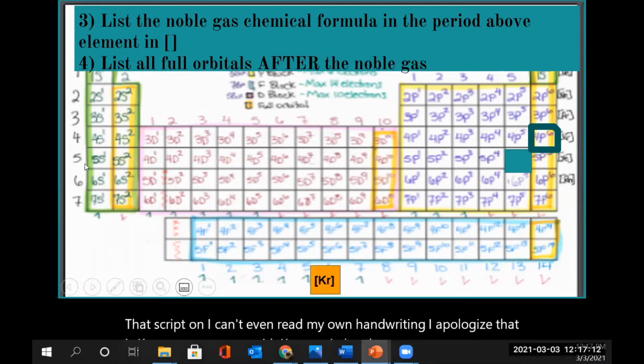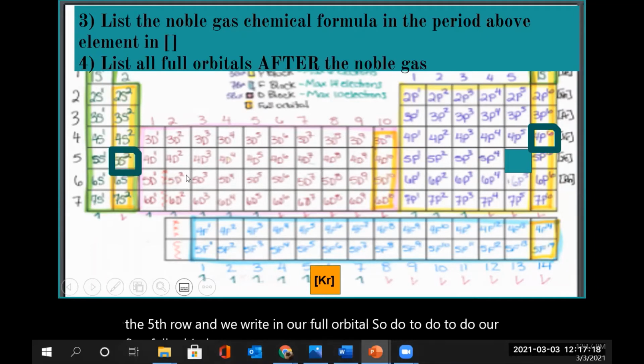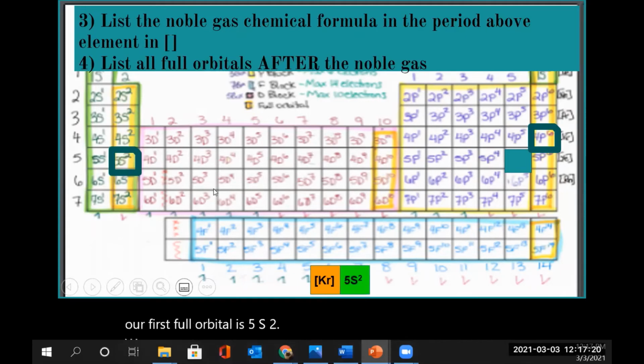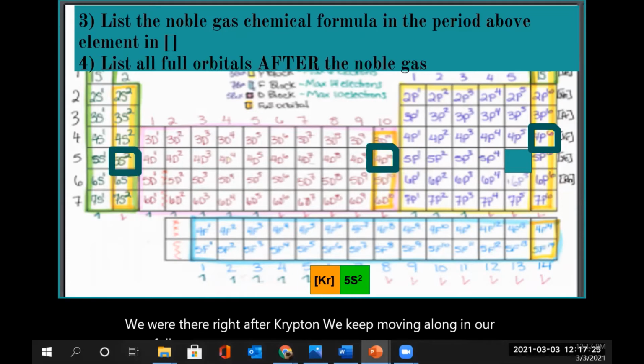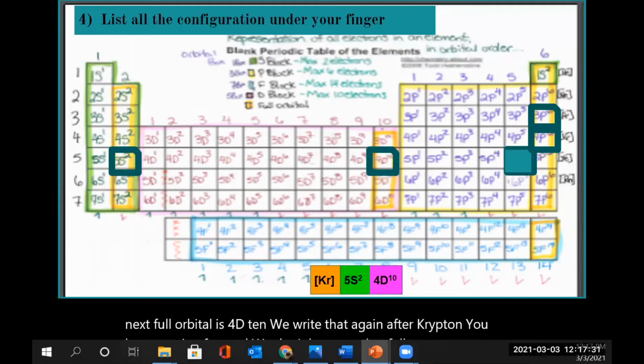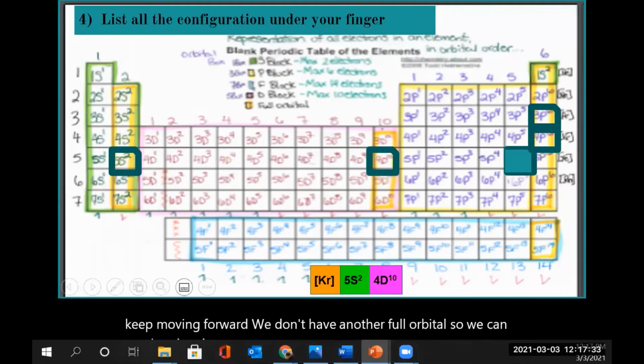Then we go along the 5th row and write in our full orbitals. Our first full orbital is 5s2, which we write right after krypton. We keep moving along and our next full orbital is 4d10, which we write after that. We don't have another full orbital, so we deduce that because we're in the p block and in the 5th row, our quantum number is 5. So it goes 5p and we're 5 columns over, so it's 5p5.